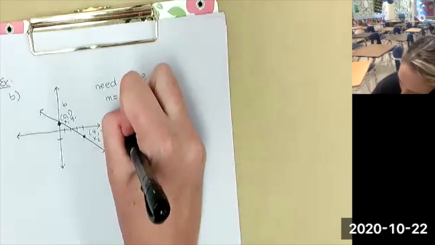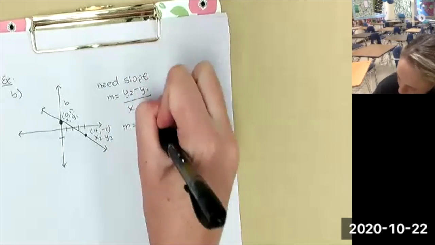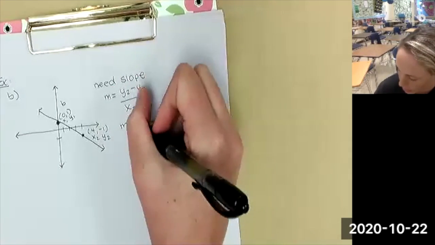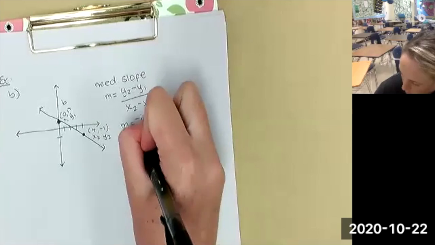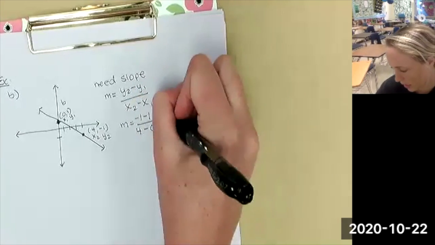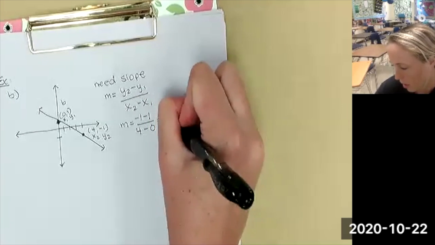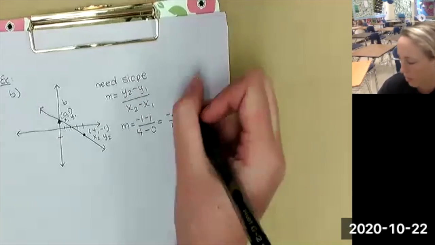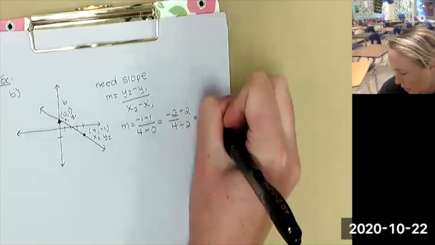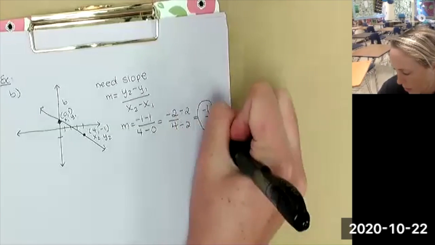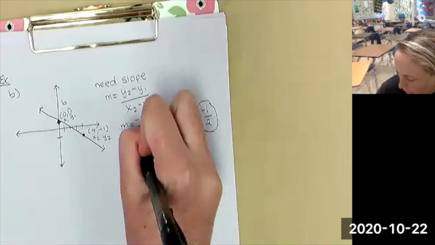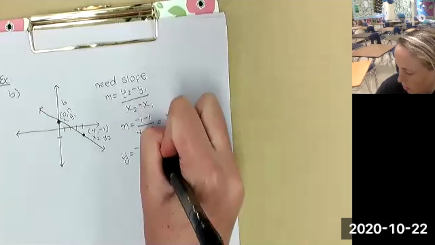So we've got m equals y2 is negative 1 minus 1 because y1 is positive 1. Then we've got x2 is 4 minus x1, which is 0. So negative 1 minus 1 is negative 2. That's over positive 4. Then you can simplify this fraction. The top and the bottom are both divisible by 2. And we get negative 1/2 as our m. And our b was 1. So our equation is y equals negative 1/2 x plus 1.